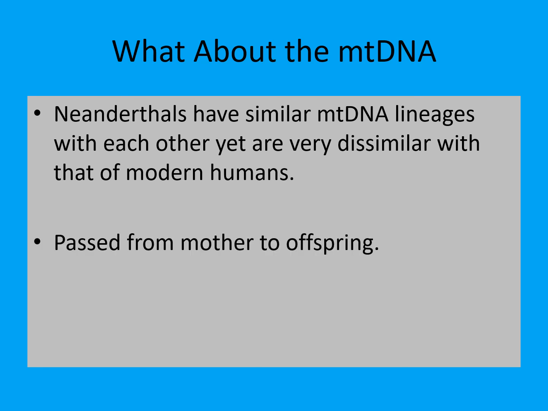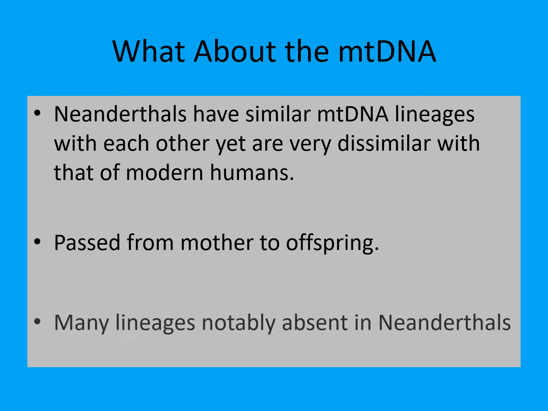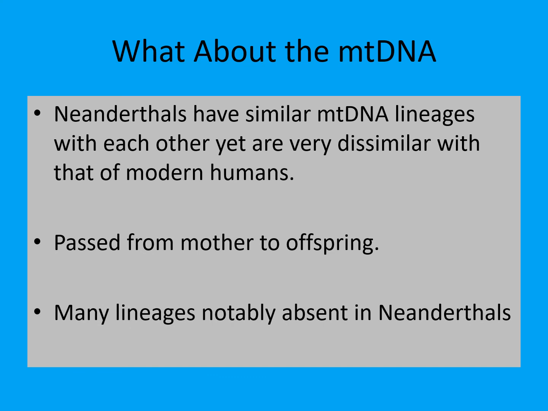We know that mtDNA is passed from mother to offspring, and there are many lineages that are notably absent in Neanderthals that are present in modern Homo sapiens. So this is another piece of evidence that shows that Neanderthals may have evolved independently in Europe and have been an odd special cousin to Homo sapiens.